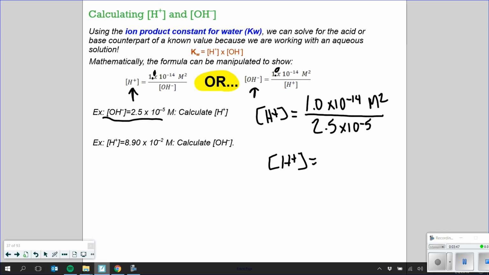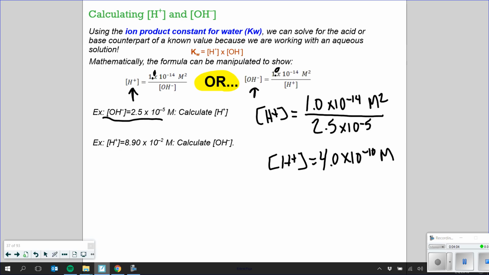When I plug that into the calculator correctly, using correct scientific notation, I end up with 4.0 times 10 to the negative 10 as my final answer.